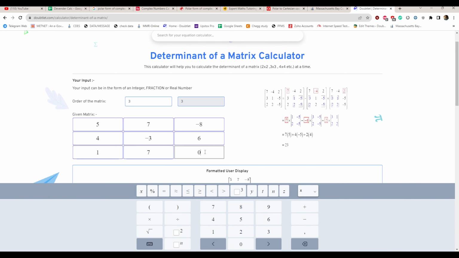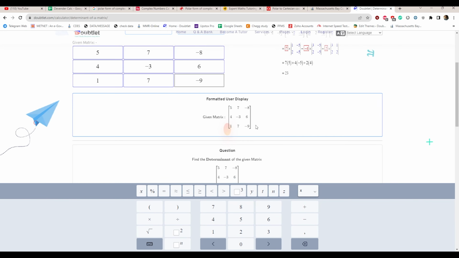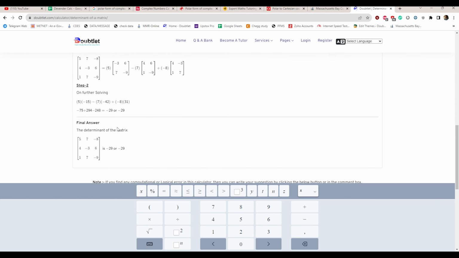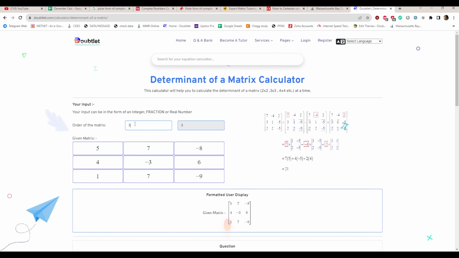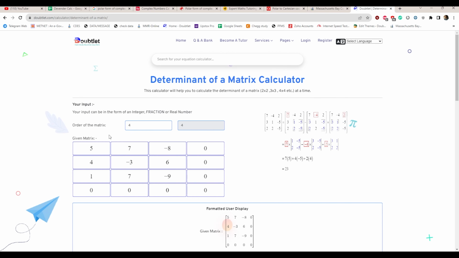If we check the answer for this, it is minus 29, and we have also solved for the value minus 29.